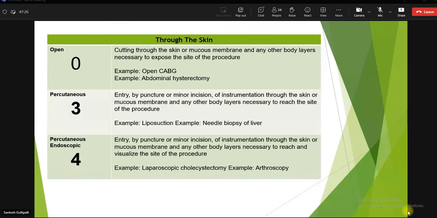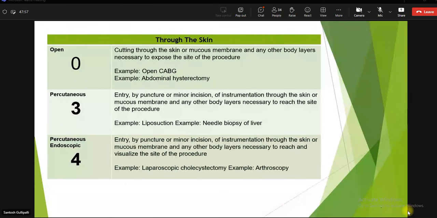That time the fifth character value is 4. For example, laparoscopic appendectomy. This is the surgical section, right? The appendectomy is the surgery. Removal of appendix, removal means that is surgery. So the first character, the section: medical and surgical section, what is the character value? 0.